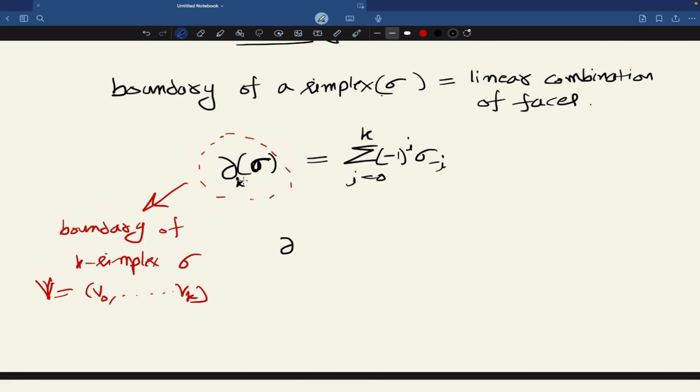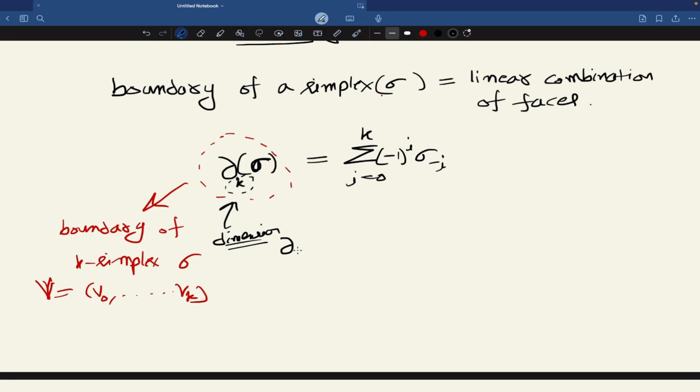Here k means the simplex is a k simplex, or you can also say that k is the dimension of your simplex.